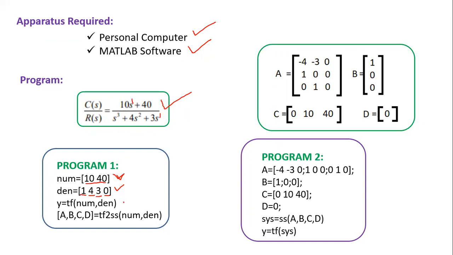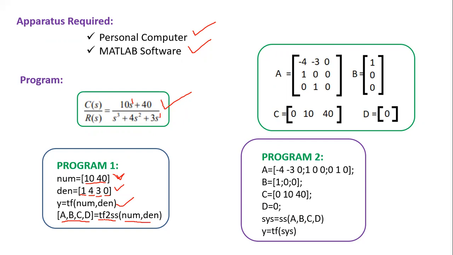Once you know the numerator and denominator, we can frame the transfer function. And how we convert that into the state space: in state space we are using the ABCD matrices. Square bracket A, B, C, D is equal to tf2ss, that means transfer function to state space, of numerator comma denominator. This is a predefined command.